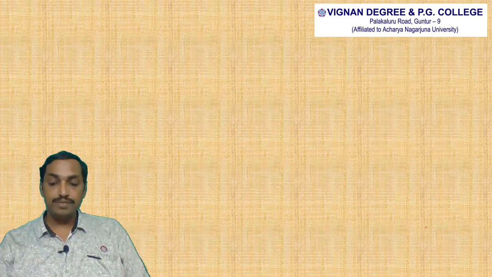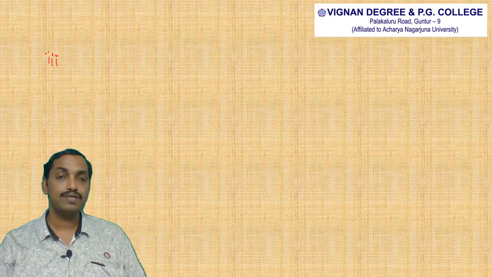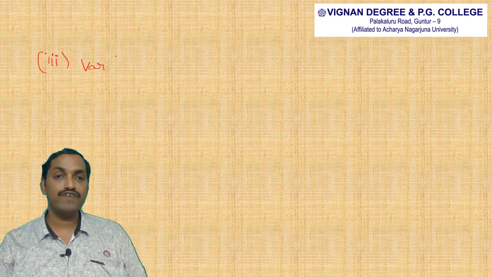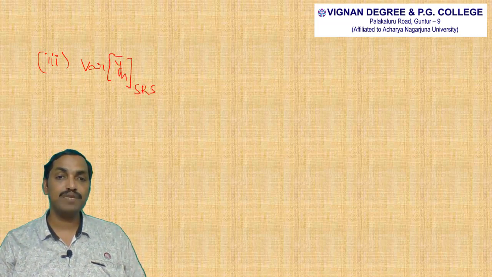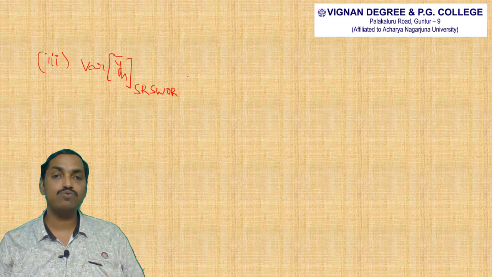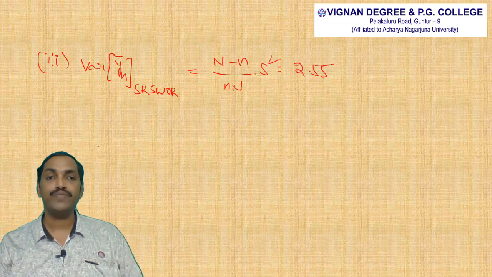And the last one, third one, variance of Yn bar in simple random sampling without replacement. Just now we calculated using the formula capital N minus small n divided by small n into capital N into S square, that is 2.55.